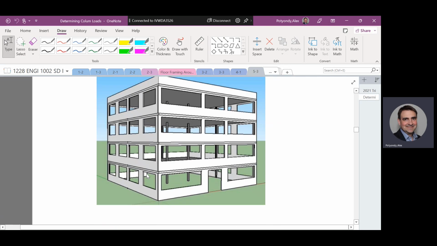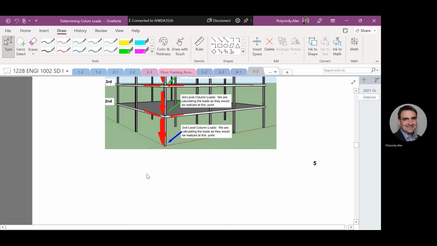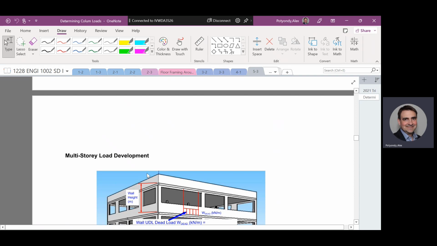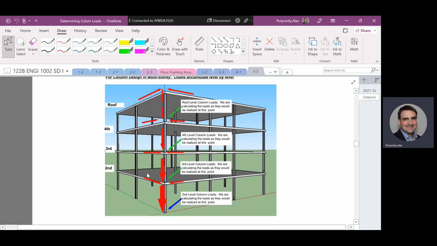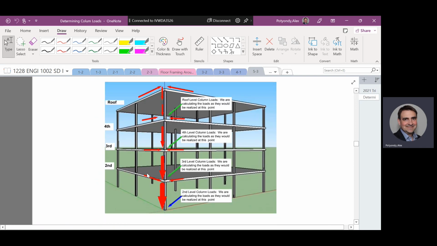And I got to slide further down here. Okay. Oh, yes, I should show you this one here. For multi-story design, let's take a look here. This is the principle that's happening for multi-story design. So at the top, I show two horizontal arrows, and that's basically taking the roof area loads and transferring it to the column supporting the roof.